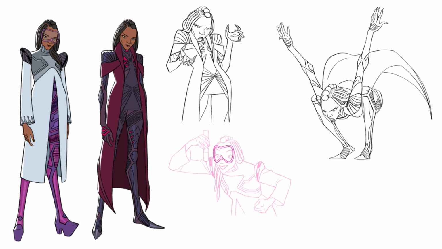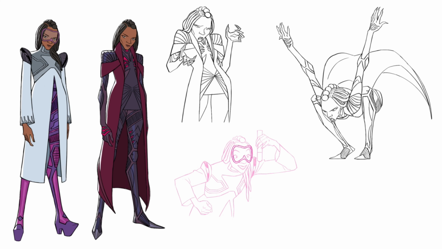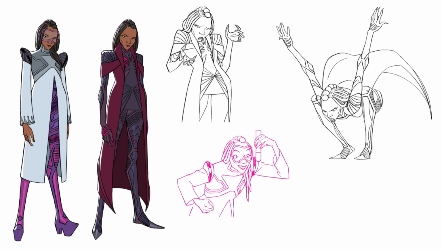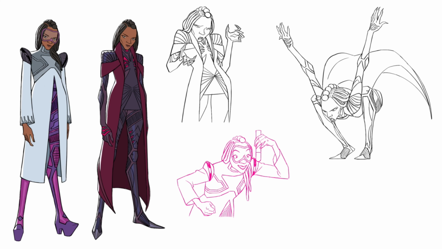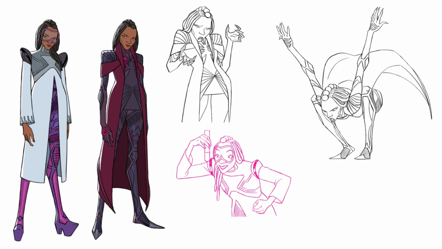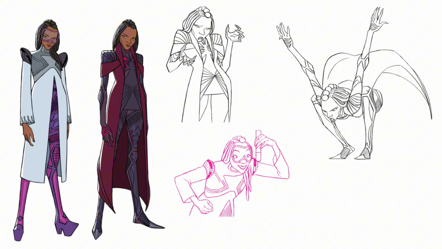I was feeling a little bit more confident at this point, and after drawing her goggles, her scientific goggles, I started to polish the line work. Some things weren't really working, and I just went back and forth trying to make them look better.